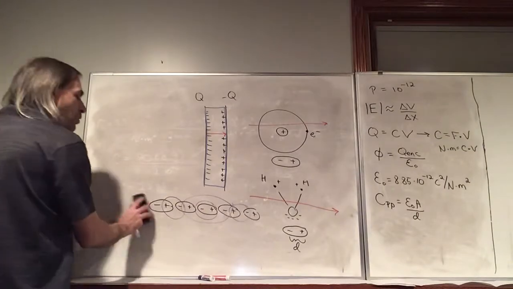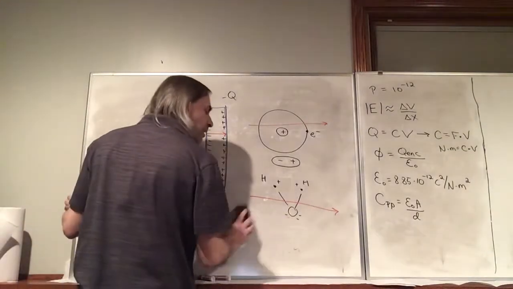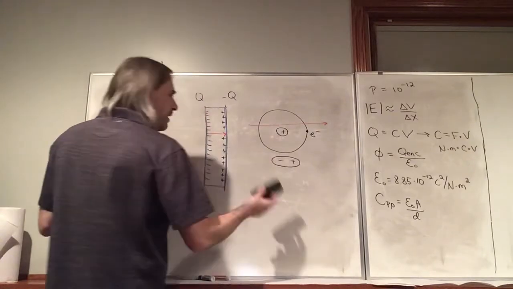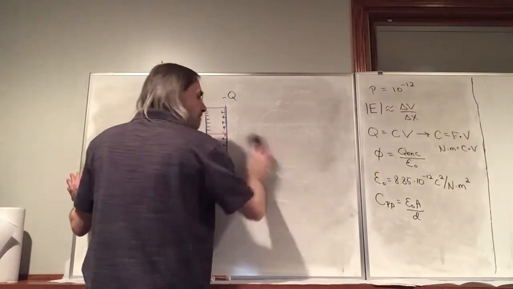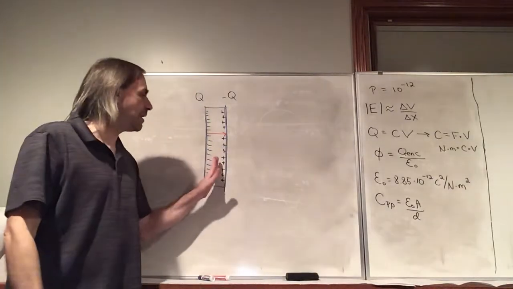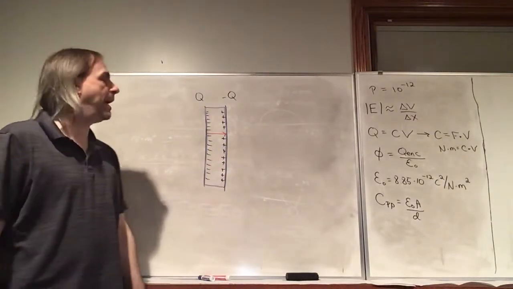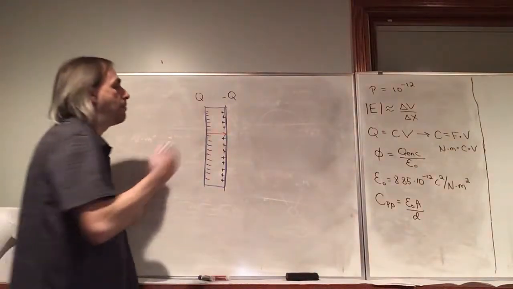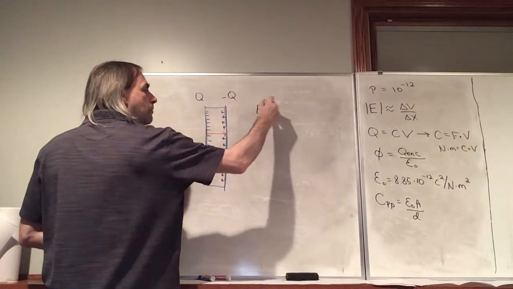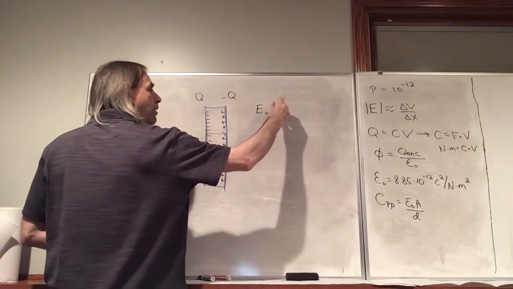But for most of the materials we're going to consider, we can say that the electric field inside is going to be reduced just by a constant factor, which we call kappa. So let's say E naught is the electric field in a vacuum.